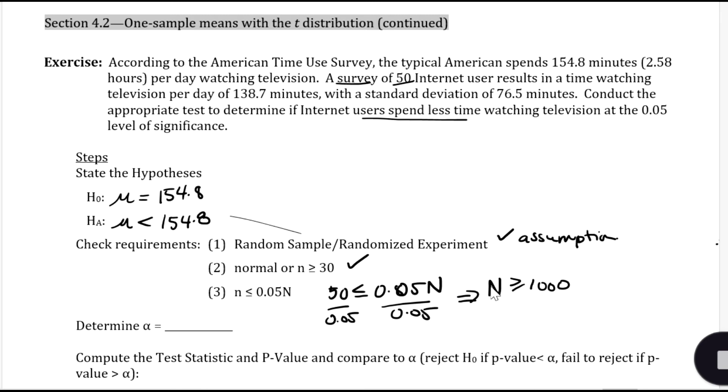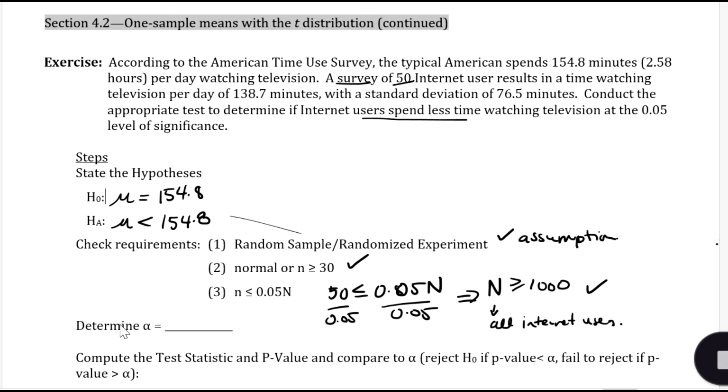So think about what our population is. Since we looked at a sample of 50 internet users, the population would be all internet users, of which there are more than 1,000. So that criteria is satisfied.